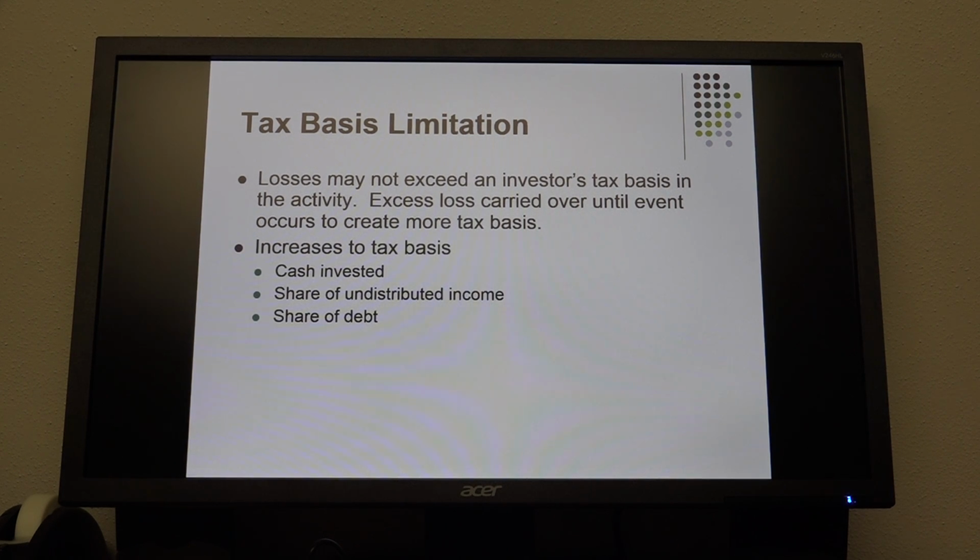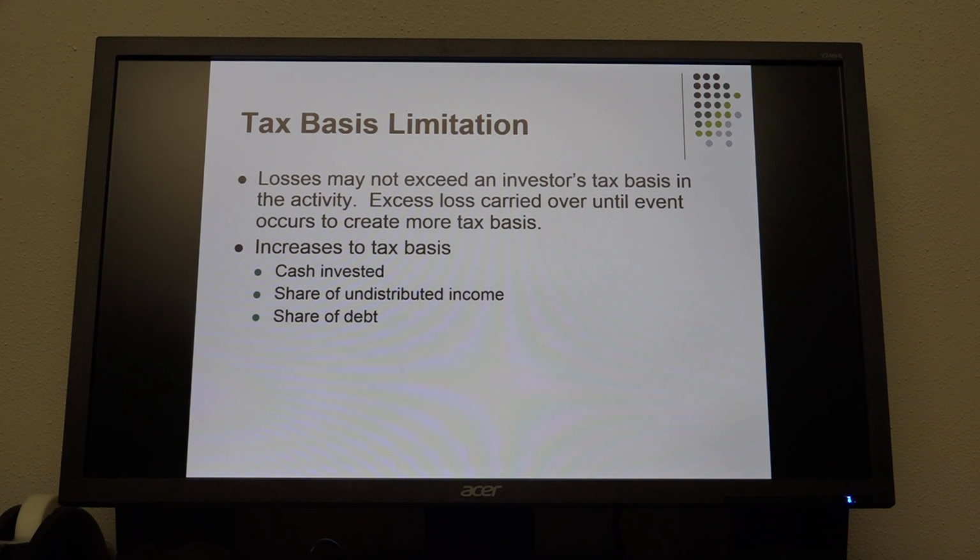How do you increase tax basis? Well, you can invest more cash into the passive activity. There could be future undistributed income from the passive activity that would increase the taxpayer's basis in the investment by their proportional share of that income.